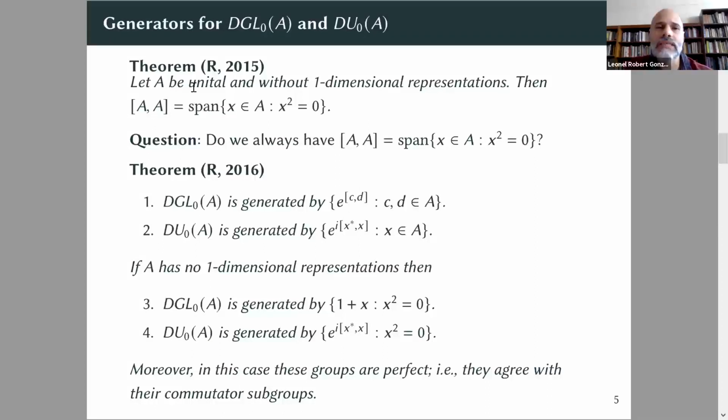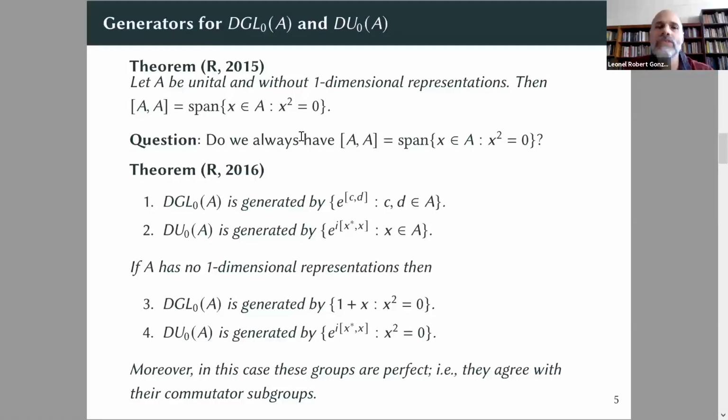What it says is that if you have a unital C-star algebra without one-dimensional representations, then the linear span of the commutators agrees with the linear span of the square zero elements. This is not true for arbitrary algebras. The proof uses functional calculus. I don't even know if it's true for Banach algebras, but there are counterexamples in the purely algebraic context.